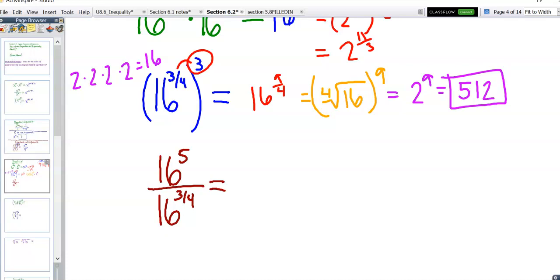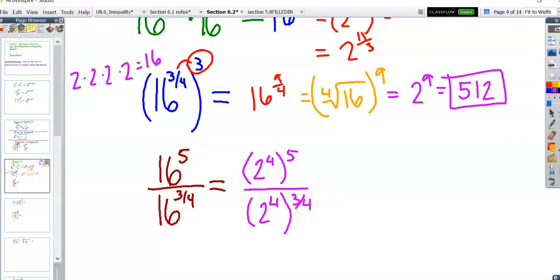I'm going to write the base as 2 to the 4th power, and then raise that to the 5th power. I'm going to do the same thing to the denominator. I'm not going to write 16. I'm going to write 2 to the 4th power, and then raise that to the 3/4 power.